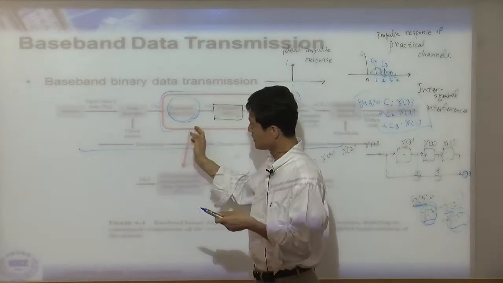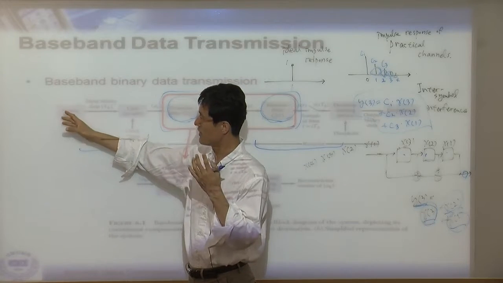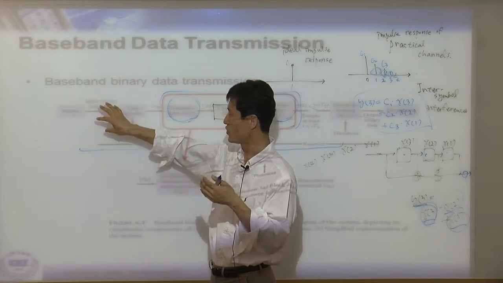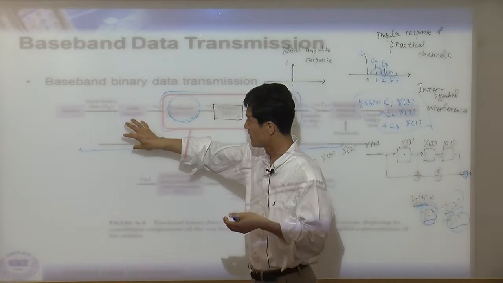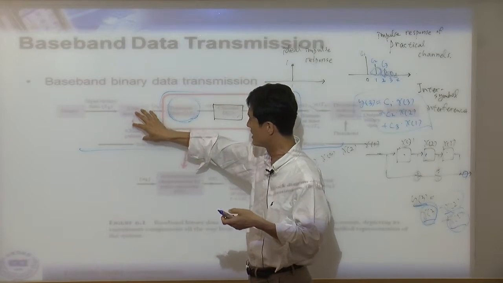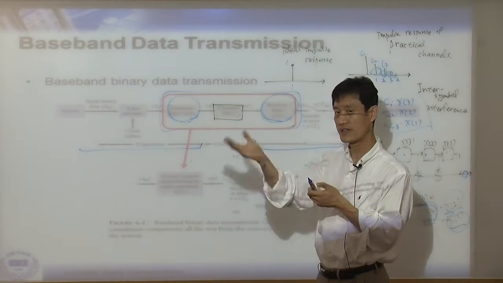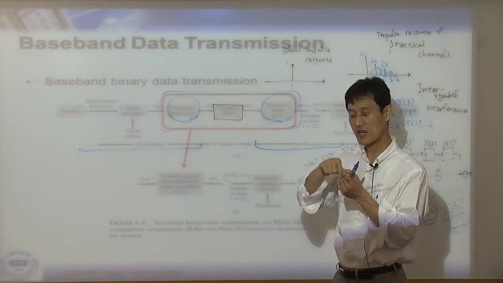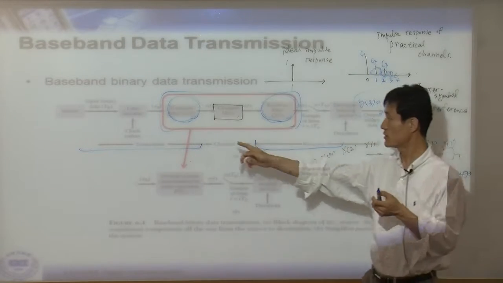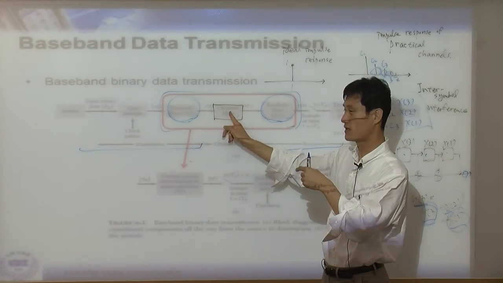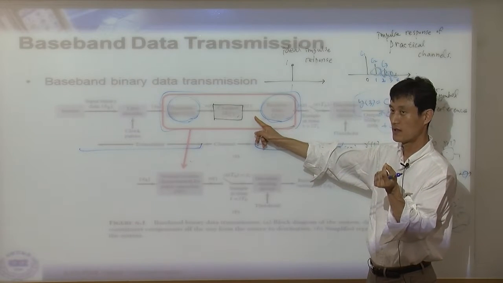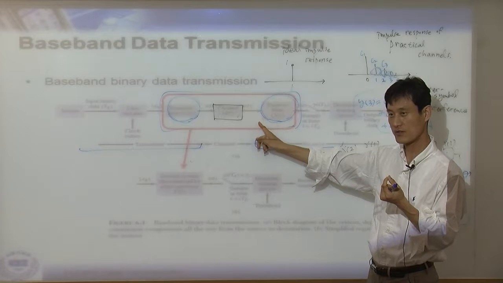Because everything is sequential, right? You have your original information to transmit. Your information is modulated and encoded, and eventually transmitted through the antenna. Once your information is modulated and becomes the symbol, it is transmitted through the antenna and goes into the channel. Then you receive the symbol through the receive antenna.